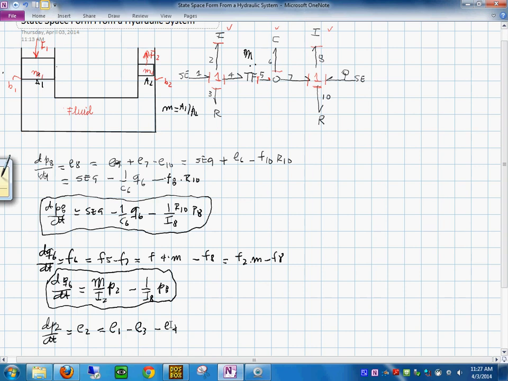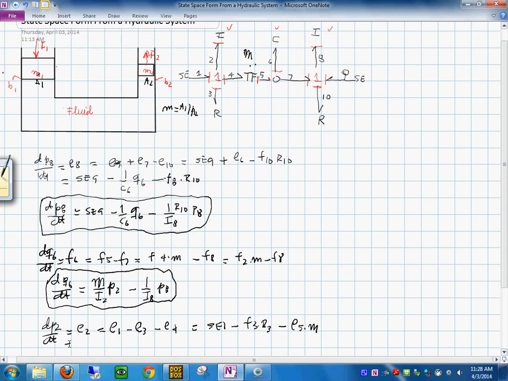Okay? So in here, E1 is the SE1, and then you have minus E sub 3, which is F sub 3 times R sub 3, minus E sub 4, which would be, E sub 4 is E5 times M.